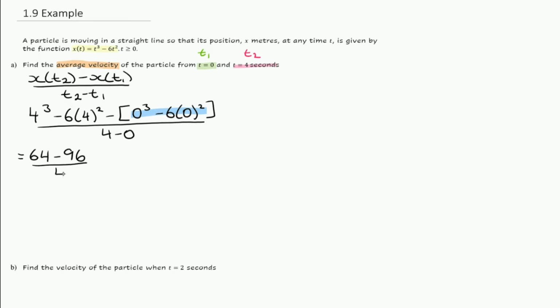So that's all on top of 4. 64 take away 96 gives me minus 32 on top of 4, and that finally simplifies down to minus 8. The units for velocity are meters per second to the power of minus 1. So on average, our velocity between time 0 and 4 seconds is minus 8 meters per second.